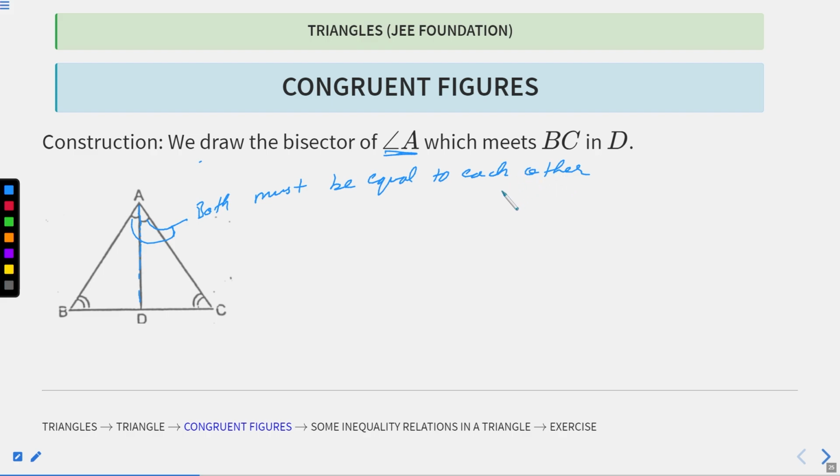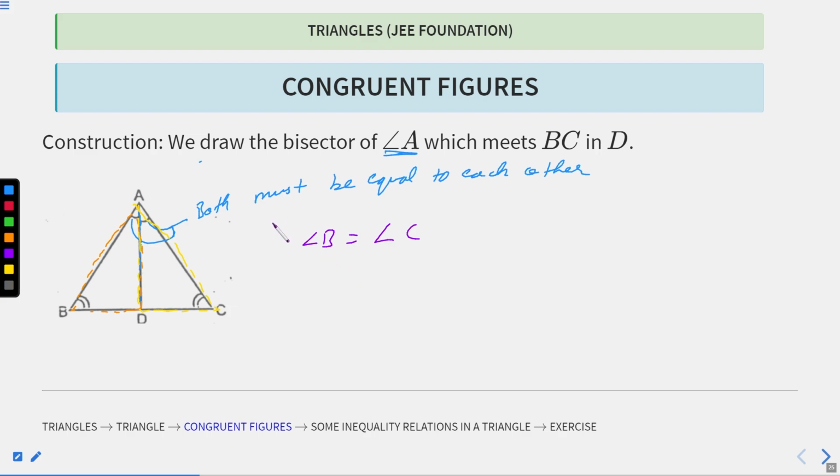Now I have two triangles. One is this one, ABD, and the second is this one, ADC. Angle B is equal to angle C, as given.